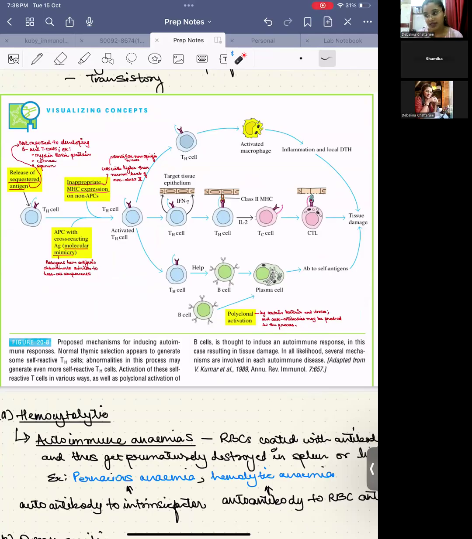But we do have some antigens which are sequestered from the rest of the circulation of your body. Sequestered means that there are some antigens which are present in your immunologically privileged site.